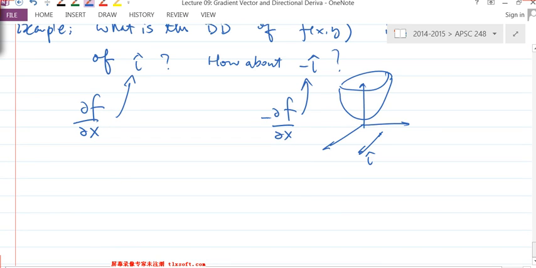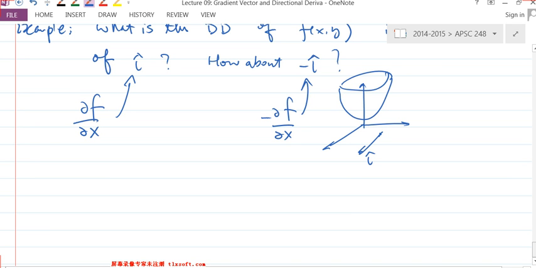Okay, so before I let you go, you got to think now, you walk in a different direction, you get a different slope. So which direction am I going to get the maximum slope? Which direction am I going to get basically the direction giving the maximum rate of change?